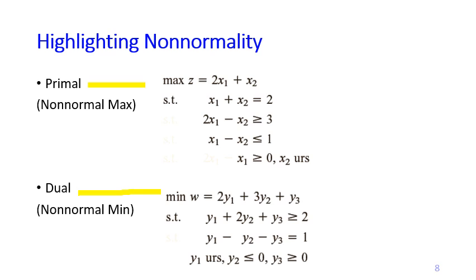Let me highlight that the second variable is URS, so the second constraint is equality in our dual. The first constraint in primal is equality, so the first variable in our dual is URS. The second constraint is non-normal in our primal, so our second variable in the dual is also non-normal.